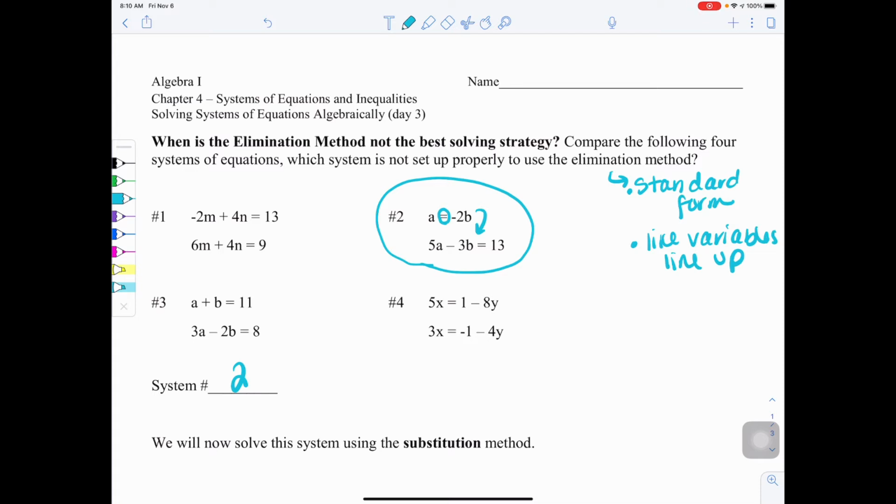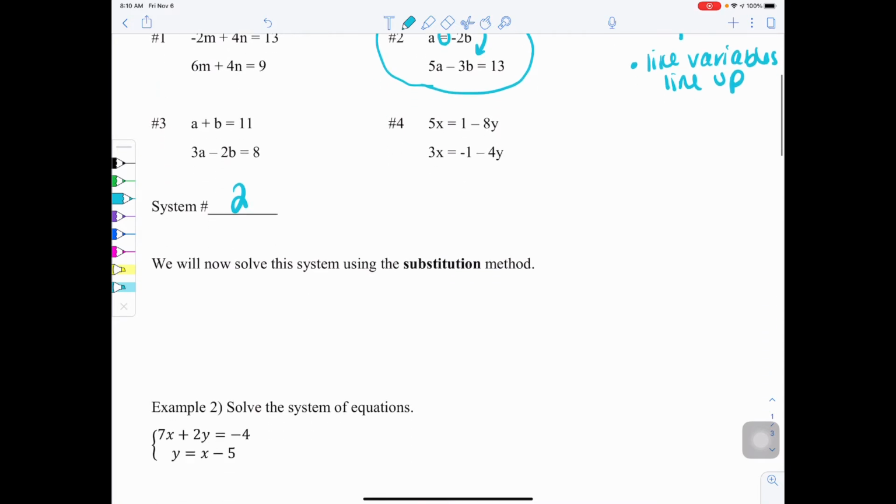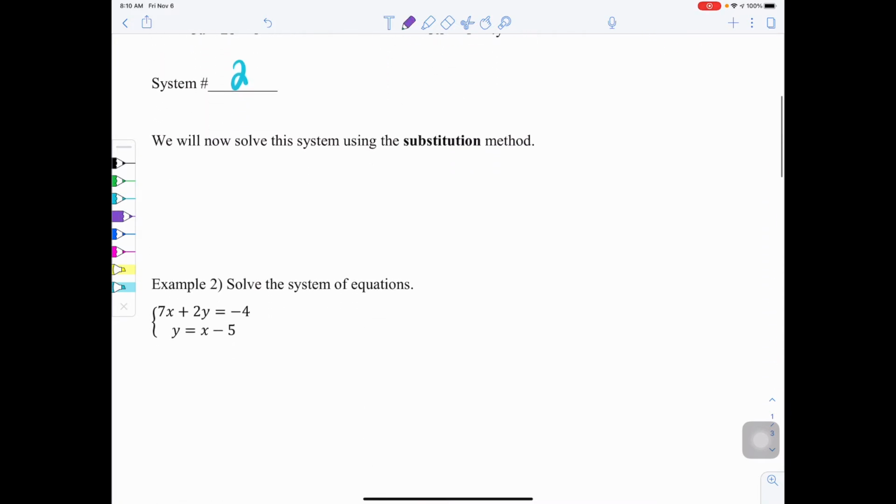So we want to talk about our other option for solving algebraically today, which is the substitution method. We will now solve this system using the substitution method. We're going to solve the one that we chose, number 2.